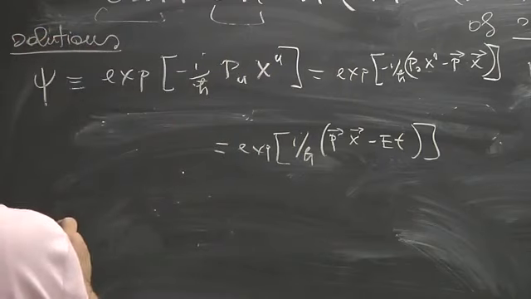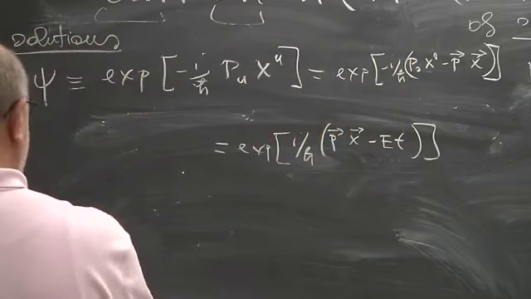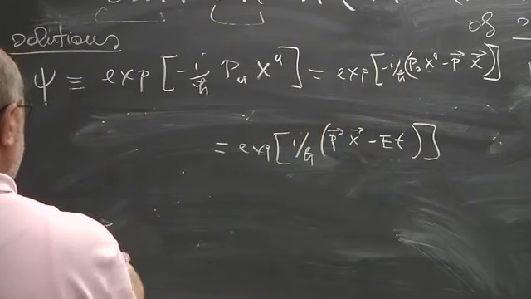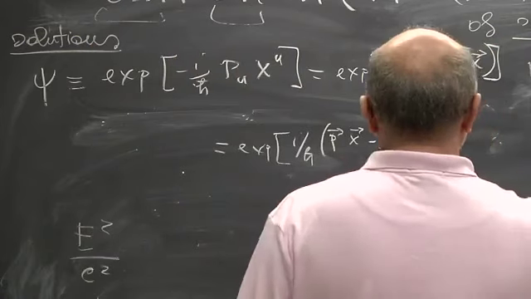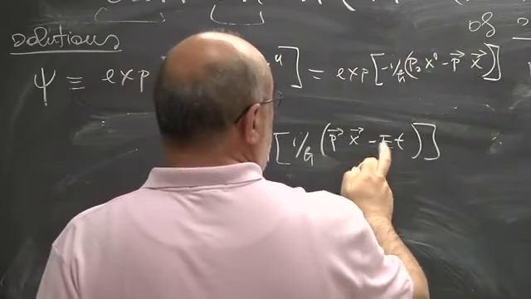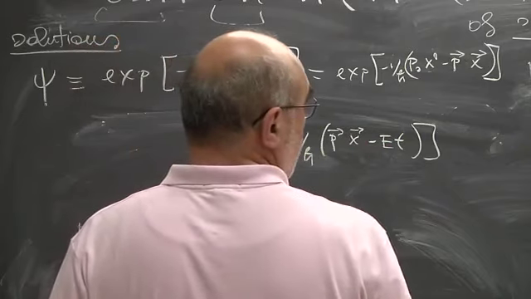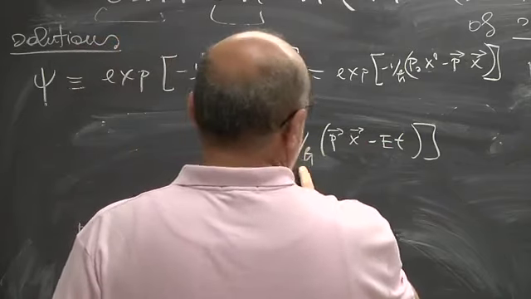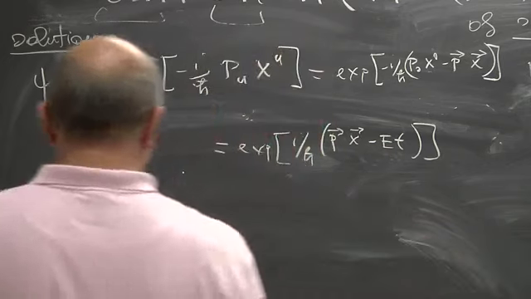You have to take the derivative with respect to t, so you get E squared over c squared. So let's apply this to this. Here I have the derivative with respect to t two times. I have E, I have i over h bar, but let's forget for the moment the i over h bar, divided by c squared.